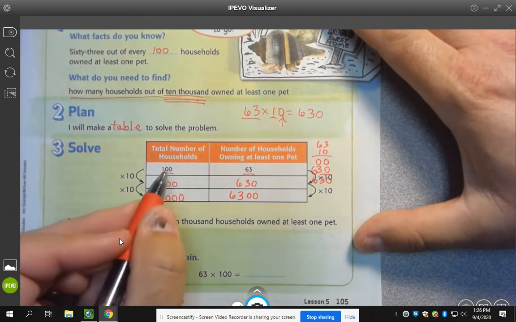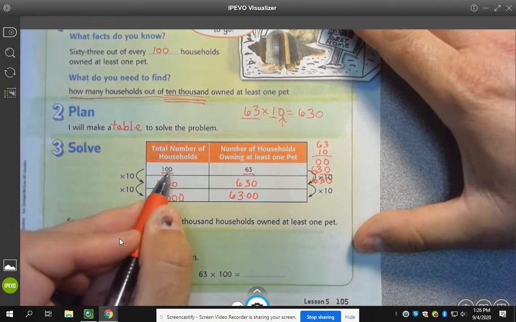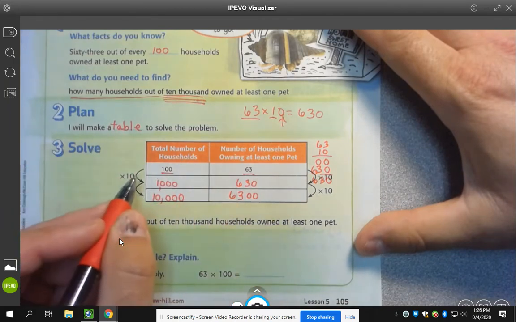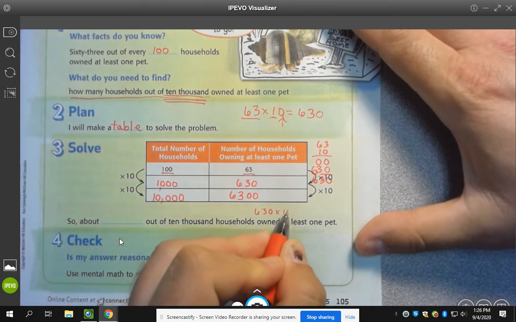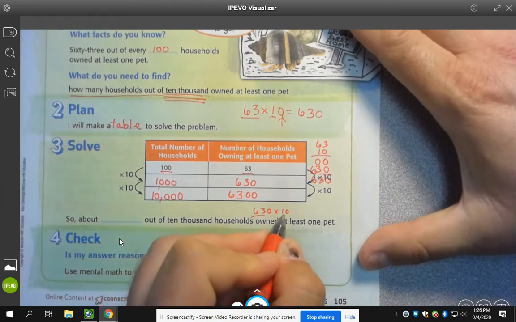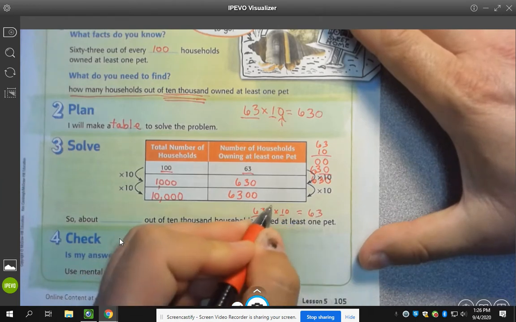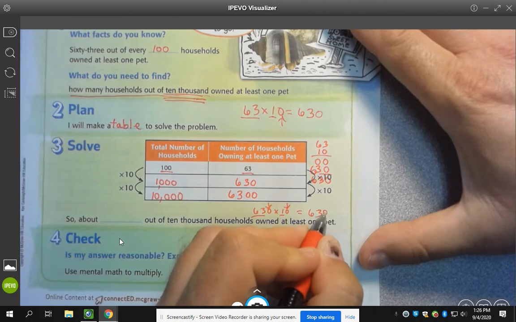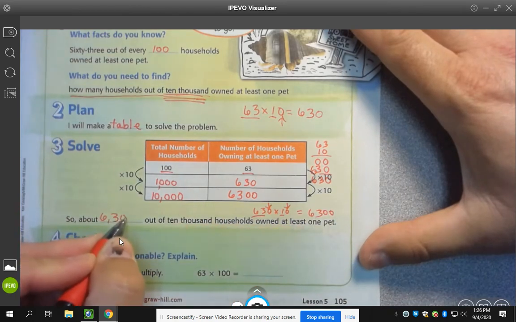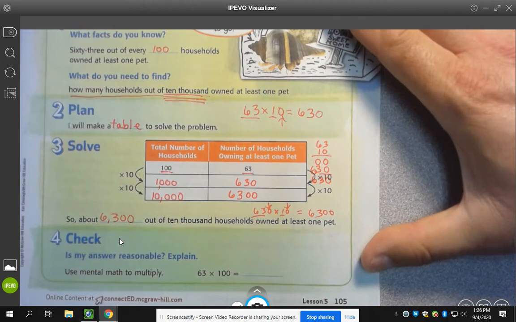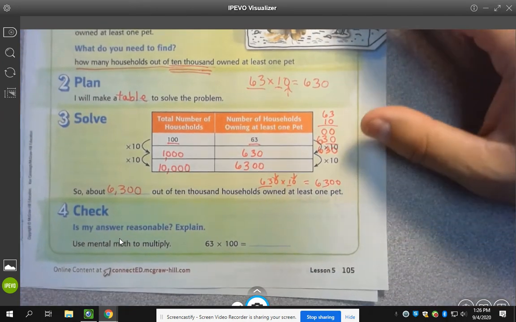Because again, from my original number up here, 63 times 10. So now we're taking 630 times 10. So we're taking 63 times 1 equals 63. And then we have 2 zeros, 6,300. So about 6,300 out of 10,000 households owned at least one pet.